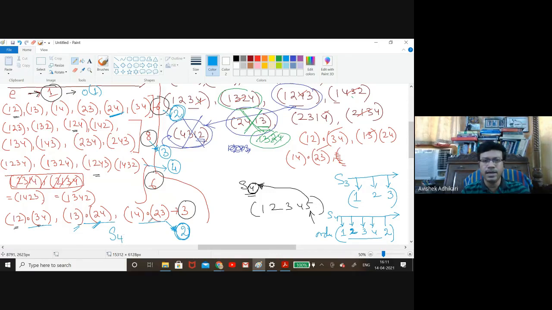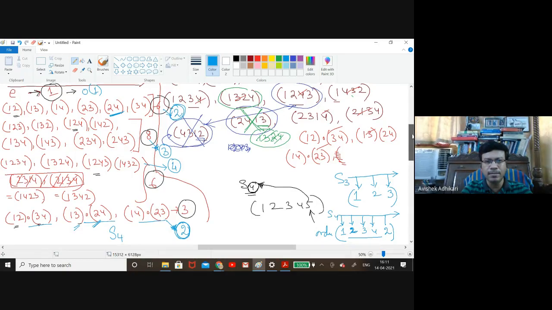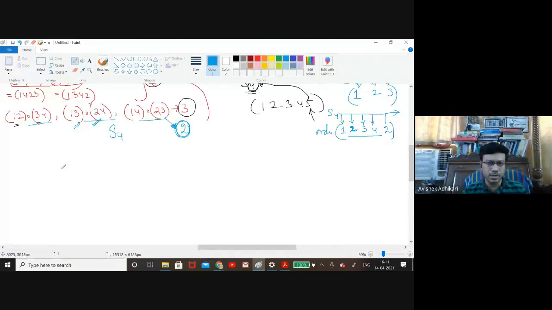Clear? And now you are able to find all the orders. Now very quickly, can anybody tell me what would be the inverse of elements? For example, first let us check what would be the inverse of 1 2 3 4.